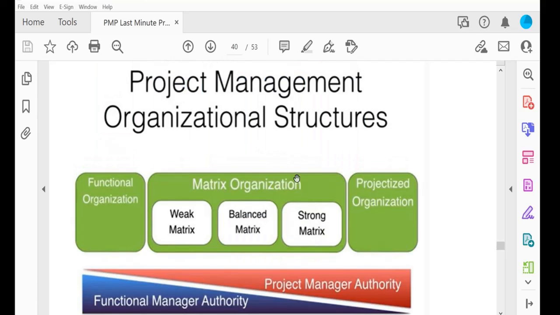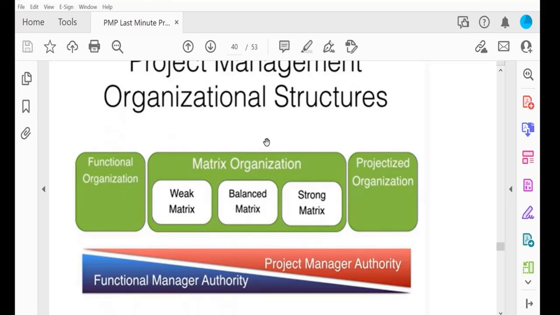Okay. Next one is project management organizational structures. So we have three types of structure: functional, matrix, and projectized. From the keyword, you already get that projectized means this type of organization is more project oriented, right?